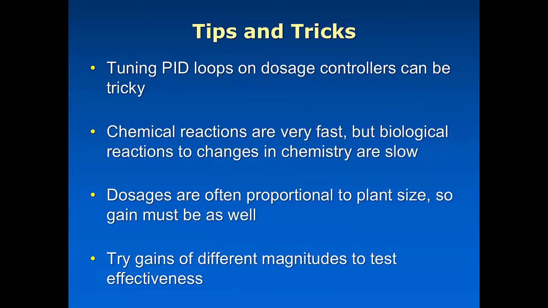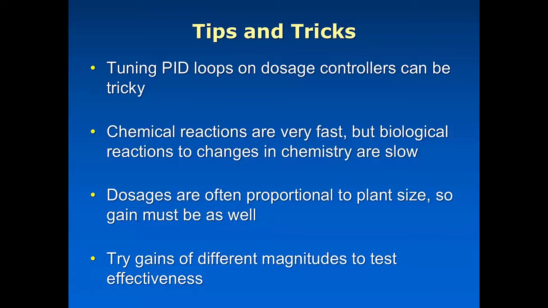So as we talked about doing those PID controllers, the PID loops on dosage controllers can be a little bit tricky to tune. The chemical reactions, of course, are themselves very fast. So if you're doing an acid dosage type of controller, your controller needs to be tuned in one way.